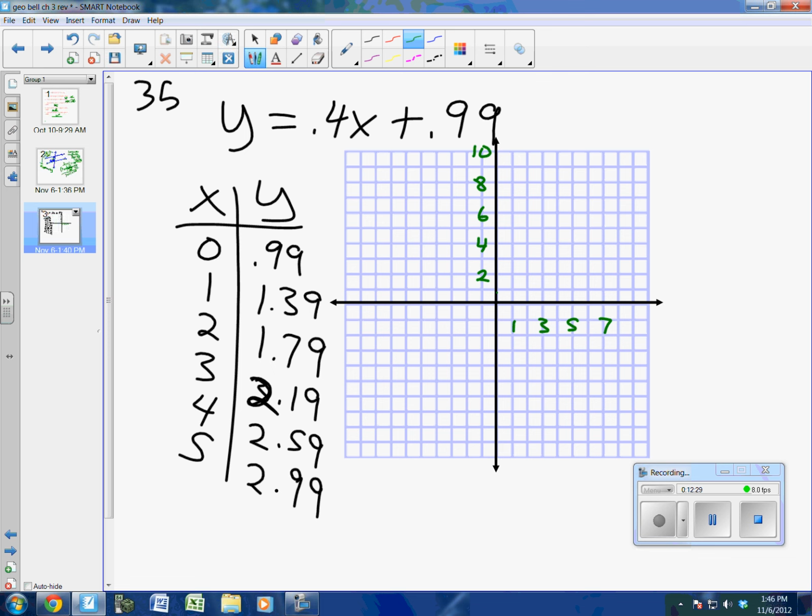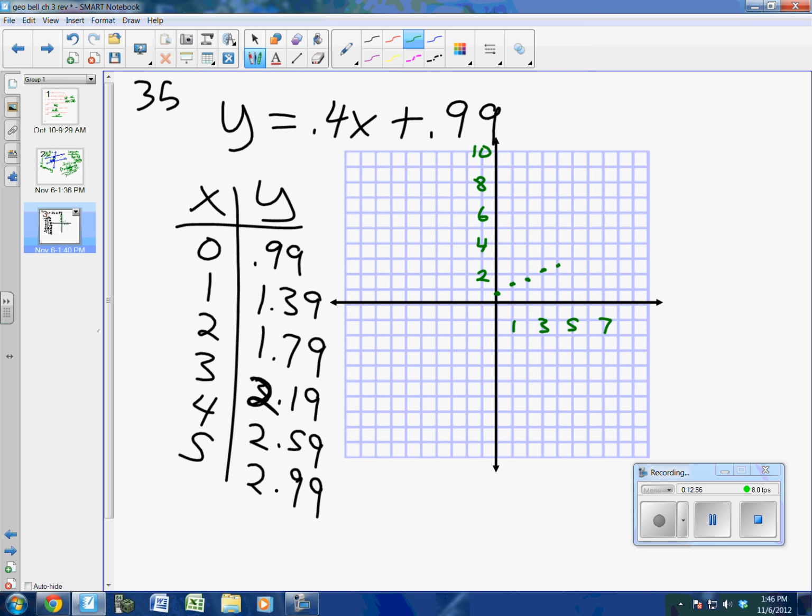So if you make a call right there, it's going to cost you 99 cents. 1, 1.39, be about right in there. 2, $1.79, about right in there. 3, 2.19, about right there. 4, 2.59.